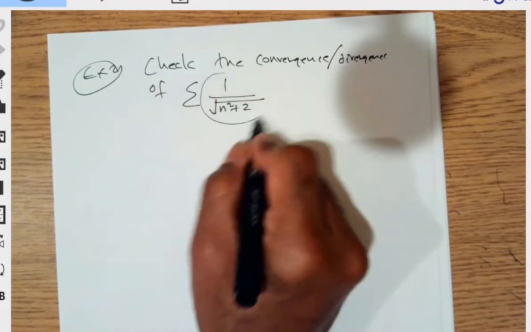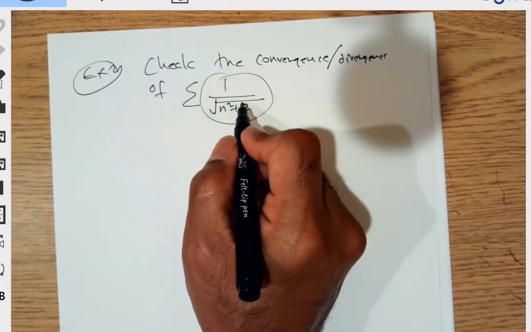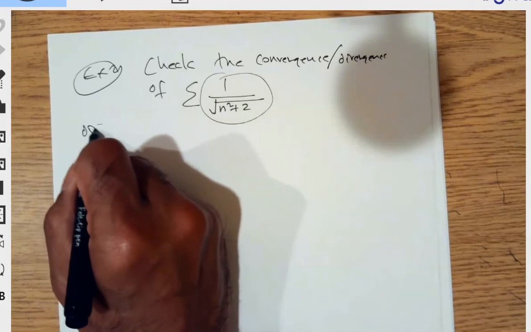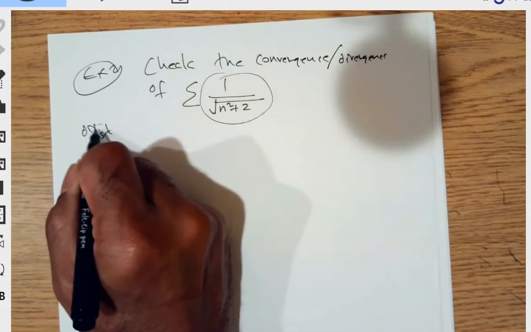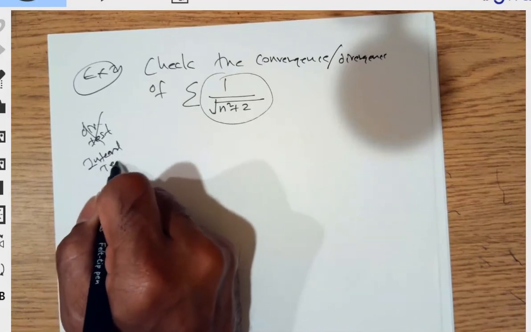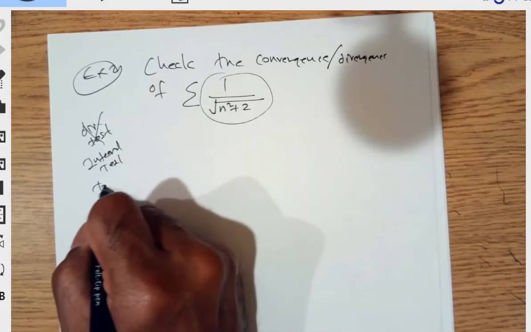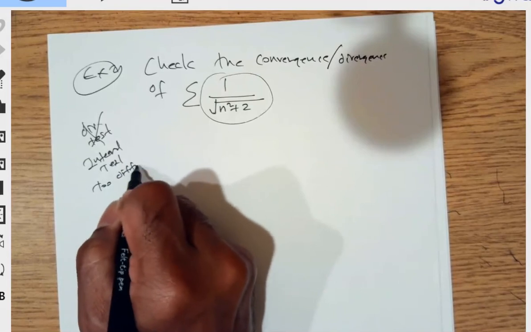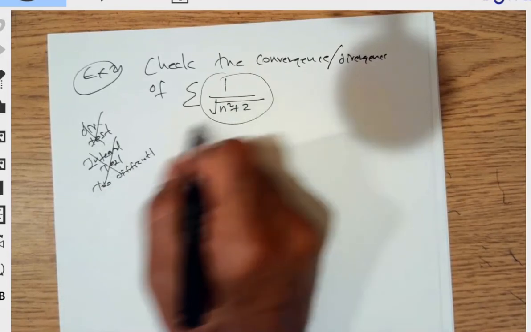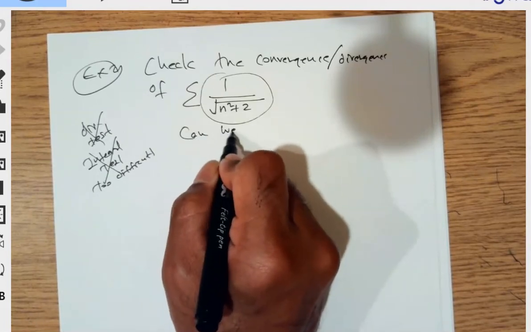For positive n, the limit of this is 0, so the divergence test cannot be used. The integral test once again will be too difficult. So we are trying to see, can we use the limit comparison test?